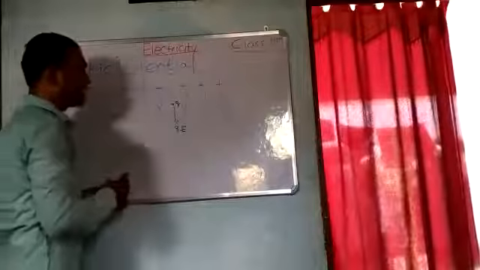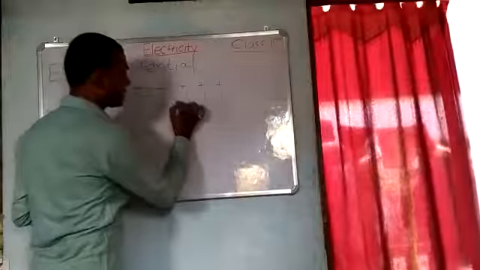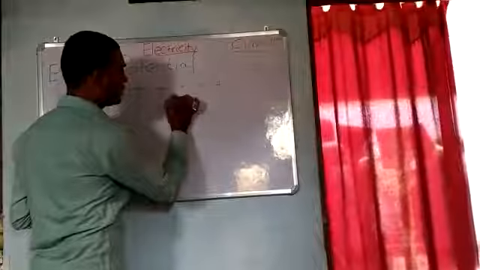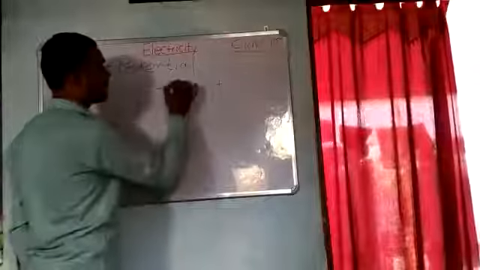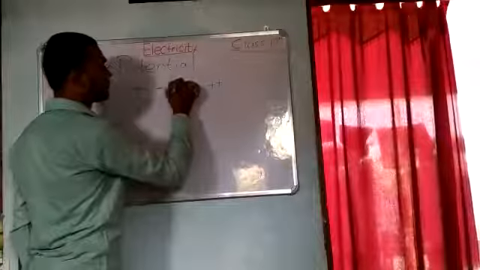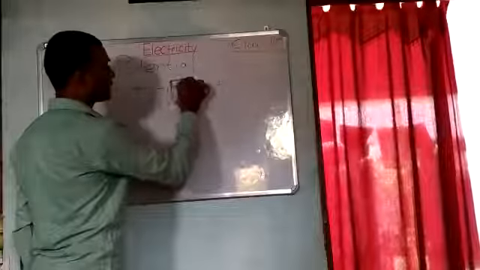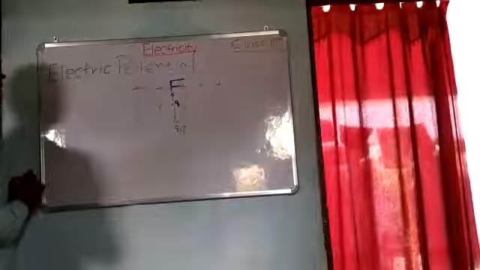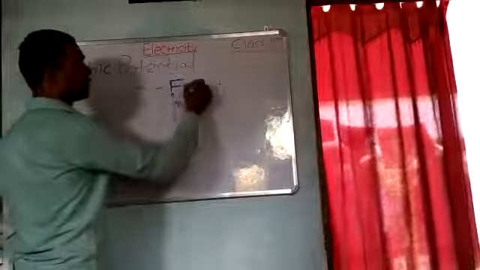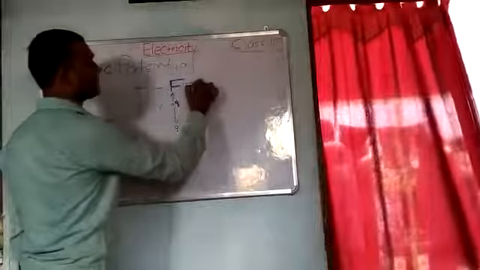Similarly, if we want this Q charge to go upward from negative to positive, we have to apply some amount of force. We know that force equals mass into acceleration.